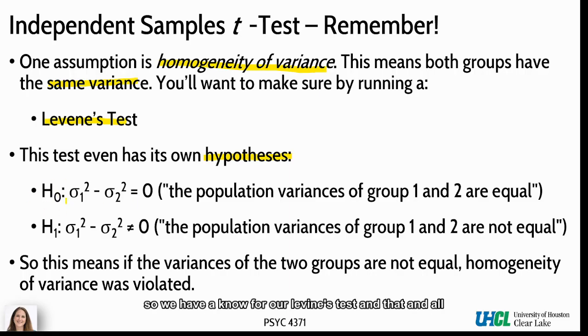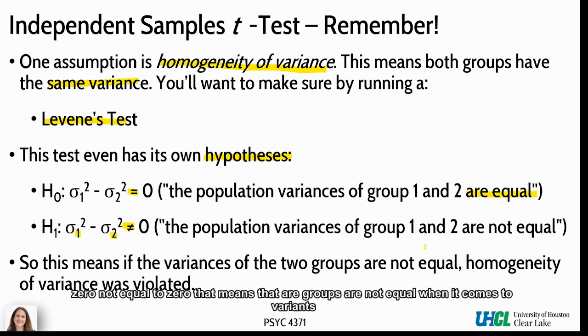We have a null for our Levene's test, and that null says that the population variance for group 1 minus the population variance for group 2 is equal to 0. That means they are equal, because we do want homogeneity, right? And then we have an alternative that says the population variance of group 1 minus the population variance of group 2 is not equal to 0.